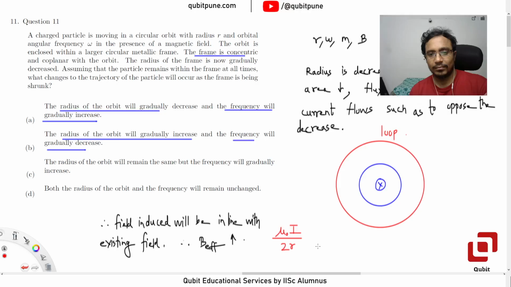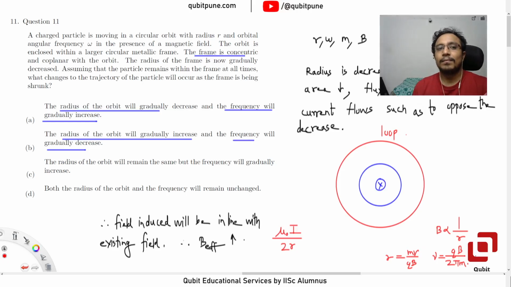Magnetic field is inversely proportional to r, and the radius is mv by qb. And the frequency is 2 pi qb upon 2 pi m. So these three relations can be used to get the answer.